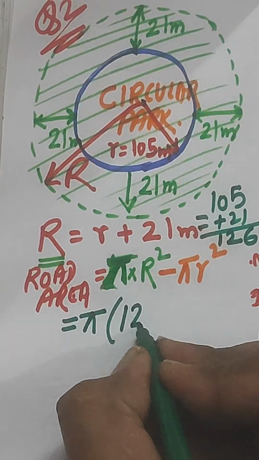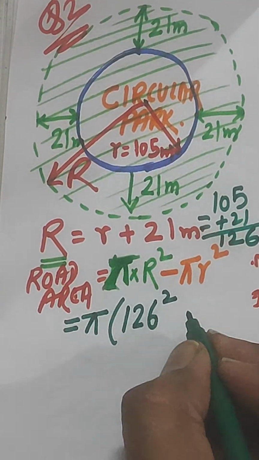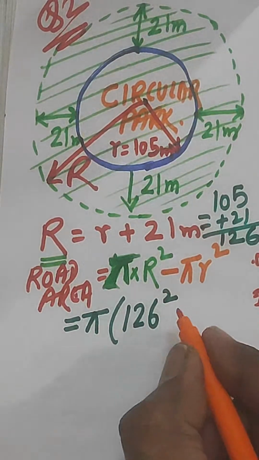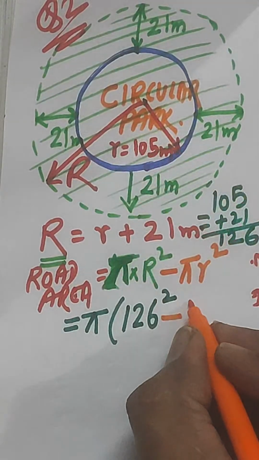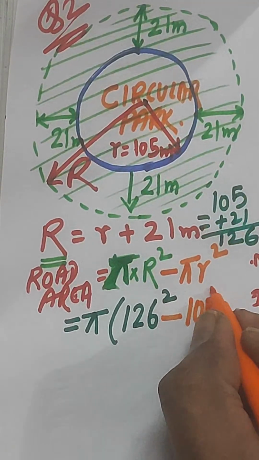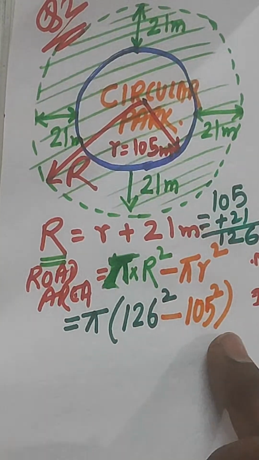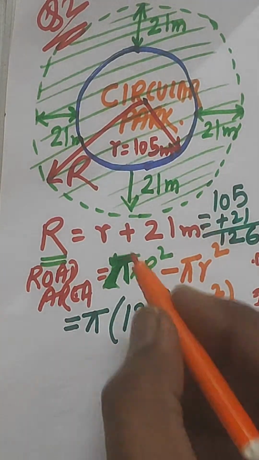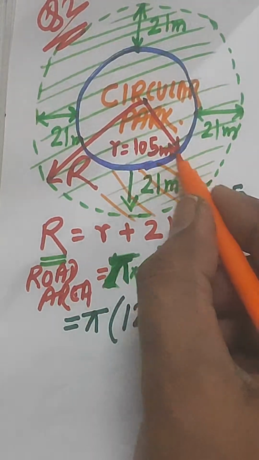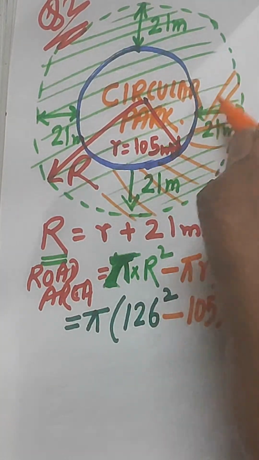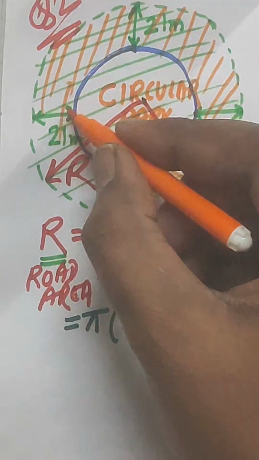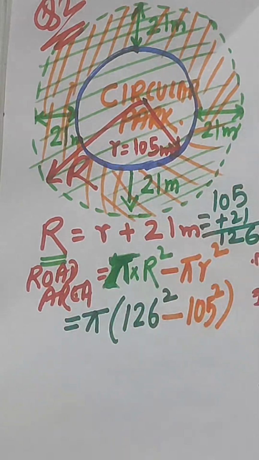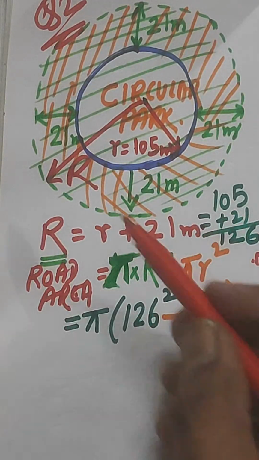So let us write 126 whole square minus small r, that is 105. So let us write 105 whole square. So this will be the road area which is surrounding the circular park. This is the road area.